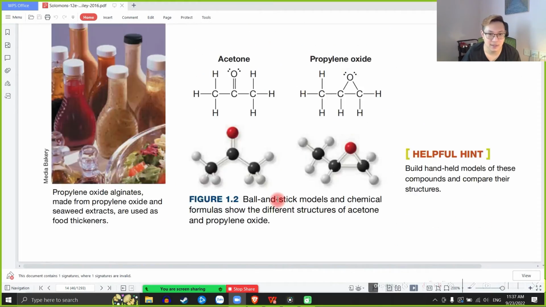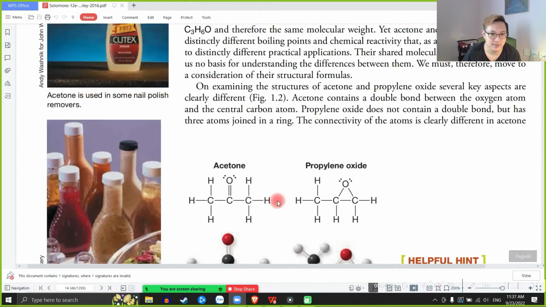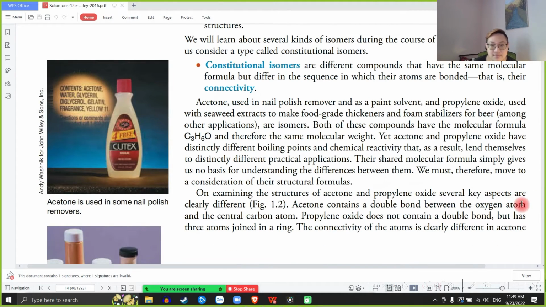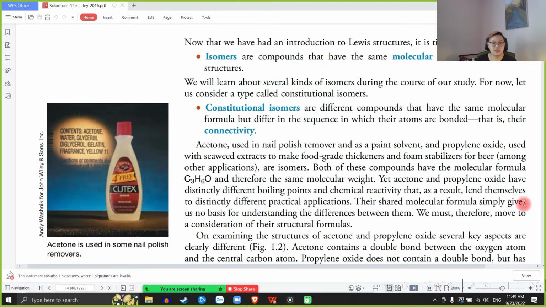Please read this part. Just read it and you will get it. Okay, so Han, can you tell me about constitutional isomers and other things? Constitutional isomers, yeah.